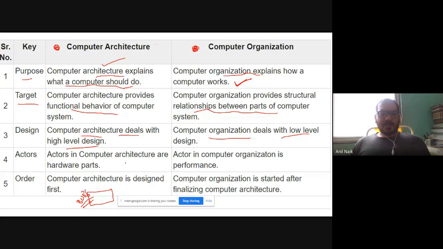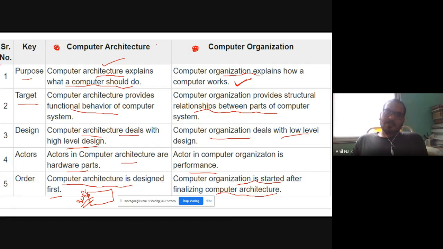Actors in computer architecture are the different hardware parts, and in computer organization, the performance. Computer architecture is designed first, and computer organization starts after finalizing the architecture. It's like the construction of a house.